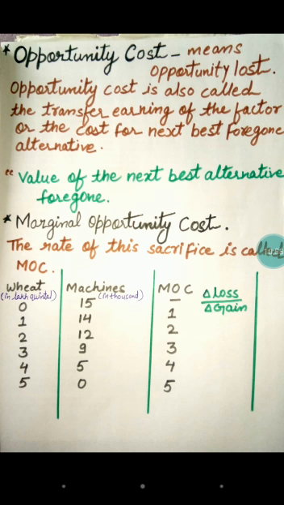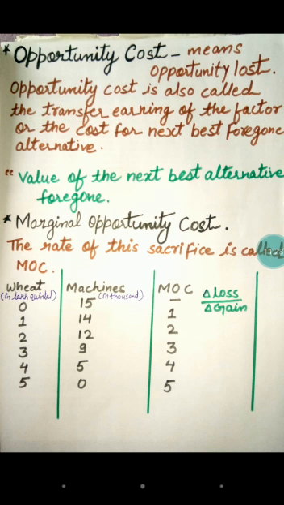So opportunity cost is the opportunity lost, or we can say the amount of one good which we are sacrificing for gaining the other good. So this is our opportunity cost. Moving further, marginal opportunity cost is linked with opportunity cost only.